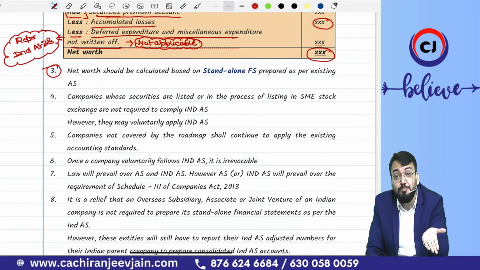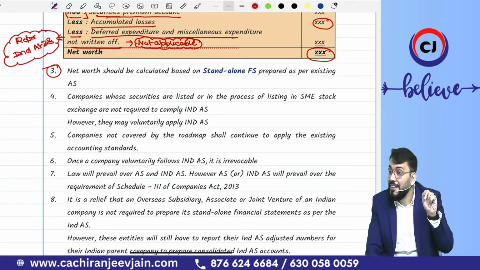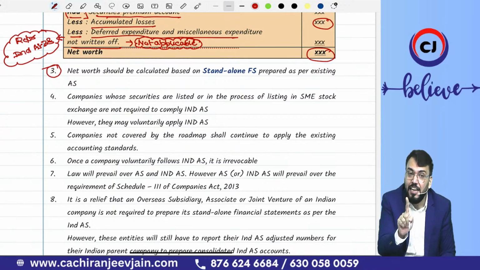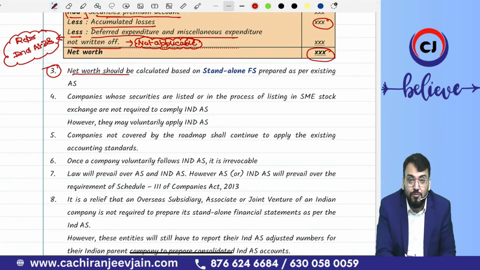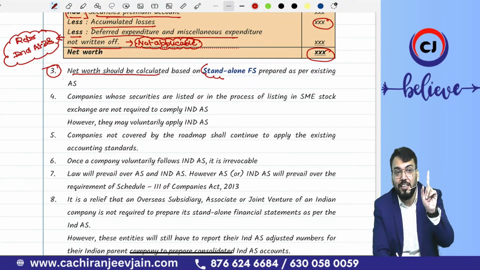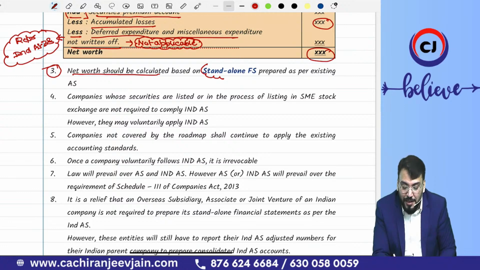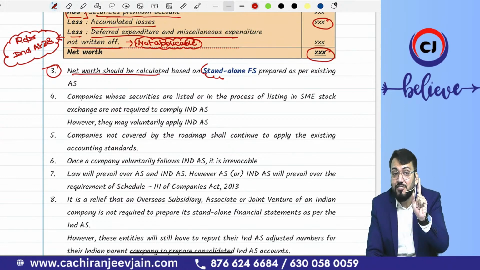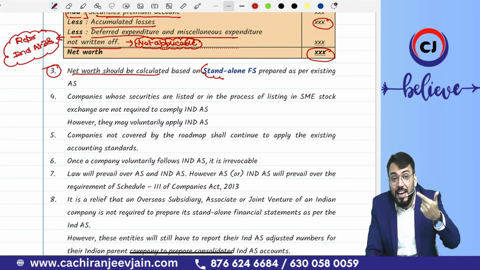So it means this is before implementation of Ind AS. Therefore they have given one clarification that net worth should be calculated based on the standalone, not consolidated, financial statement as per existing accounting standard. Means Ind AS will be applicable entity wise, not group wise. We will apply Ind AS entity wise, not group wise.